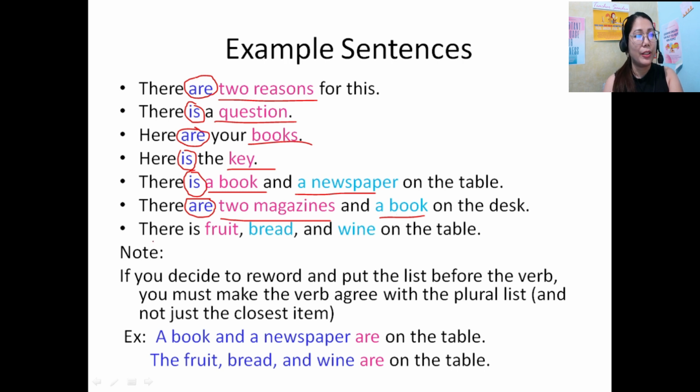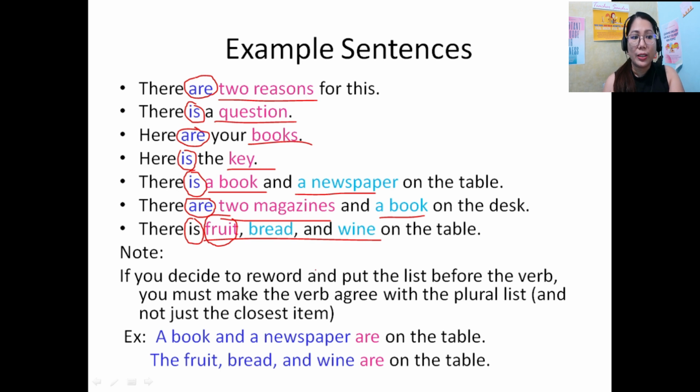Now we have here, there is fruit, bread, and wine on the table. We have three subjects here, but why do we use is? Because fruit is singular. And in this kind of sentence, the reason is ellipsis.